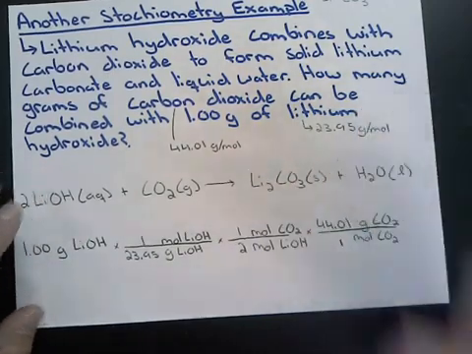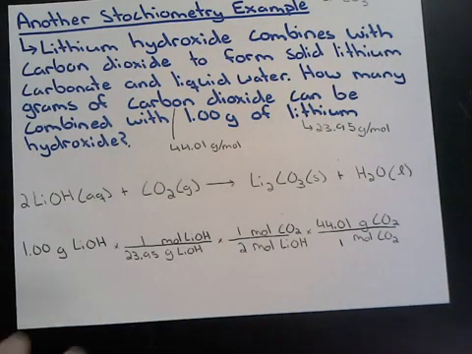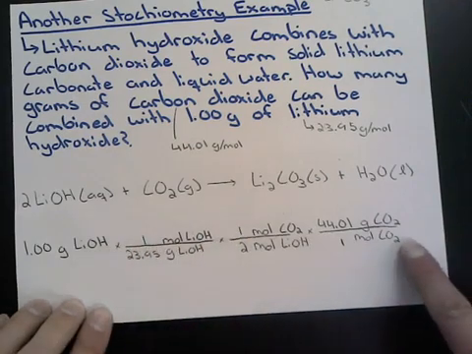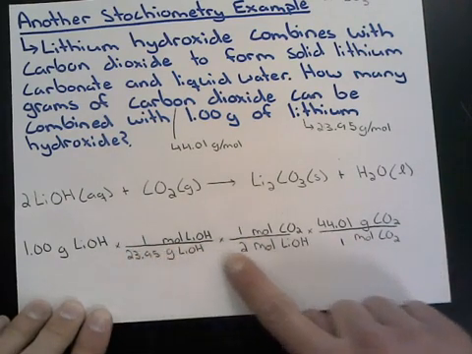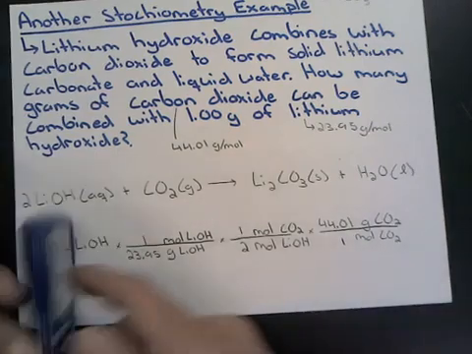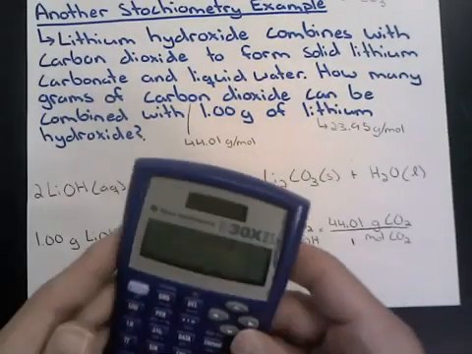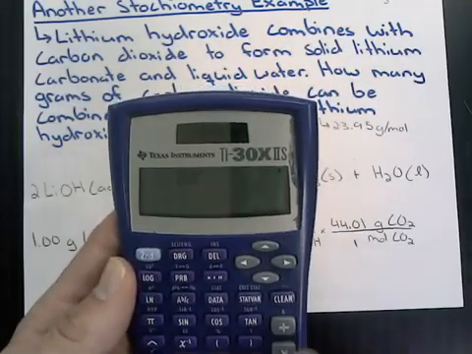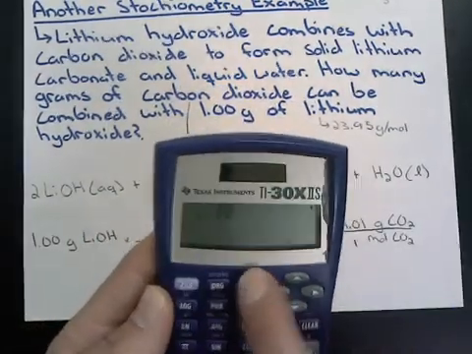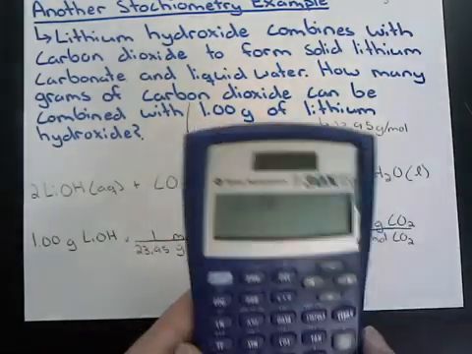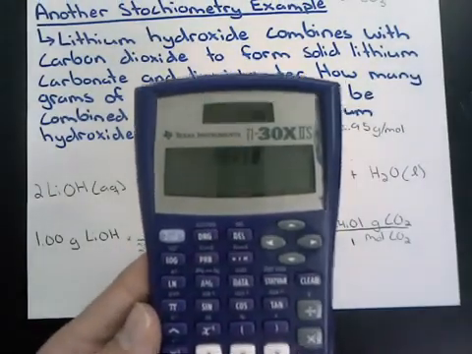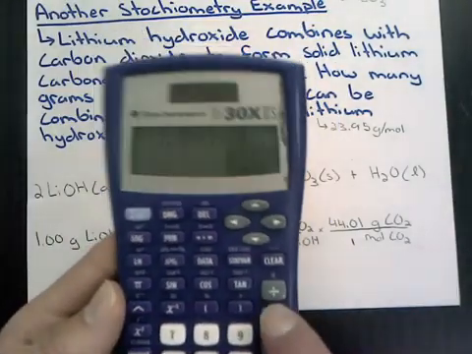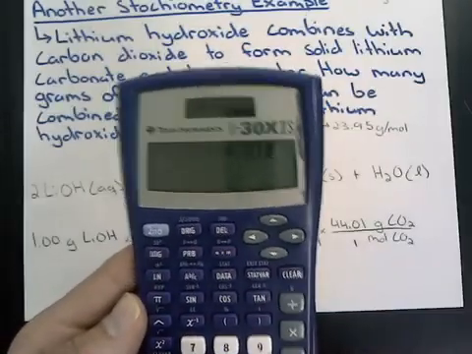Okay, now, there's a couple different ways you can go through calculations. I like to multiply everything on top, divide it by everything multiplied on bottom. So in this case I take 1.00, and let me put a parenthesis here, 1.00 times 1 times 1 again times 44.01.